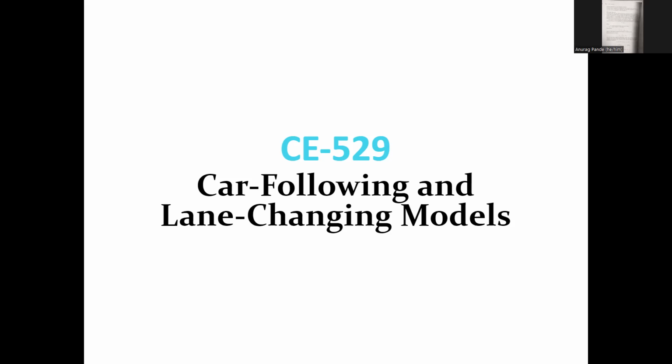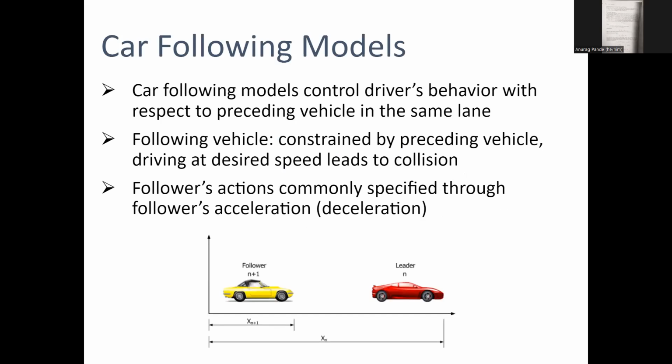So what I'll do is go over some of these ideas of car following models. Car following models control drivers' behavior with respect to the preceding vehicle in the same lane. The following vehicle is constrained by the preceding vehicle, driving at a desired speed.